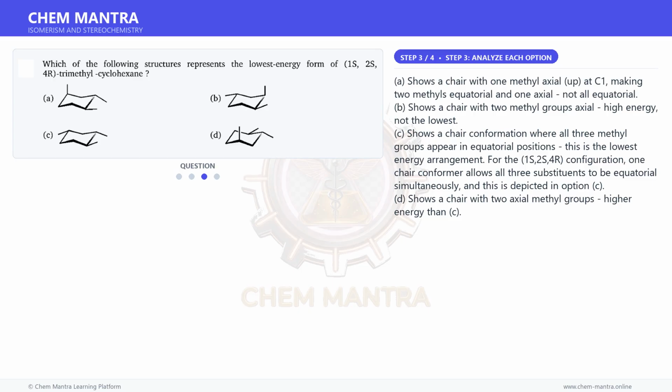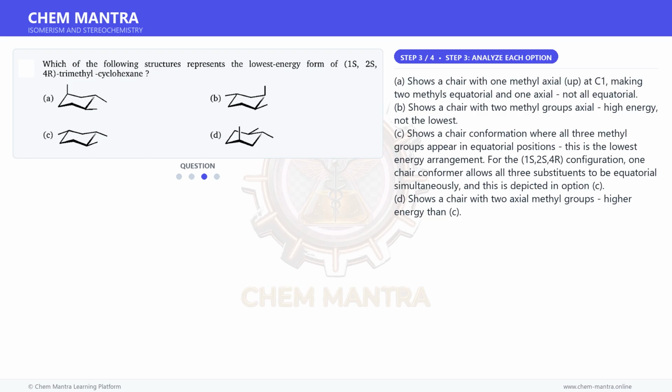A shows a chair with one methyl axial up at C1, making two methyls equatorial and one axial, not all equatorial. B shows a chair with two methyl groups axial, high energy, not the lowest. C shows a chair conformation where all three methyl groups appear in equatorial positions.